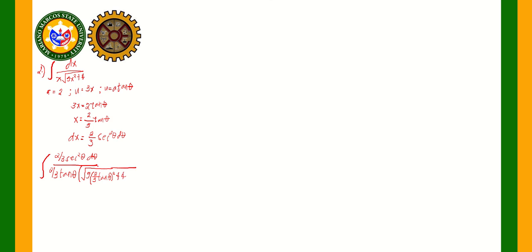plus 4. Okay, so we can cancel this one. And then we are left with secant squared theta d theta all over tangent theta. Tapos isimplify natin to. This will be equal to the square root of 9 times naka-square to. So this will be equal to 4 over 9 tangent squared theta plus 4.